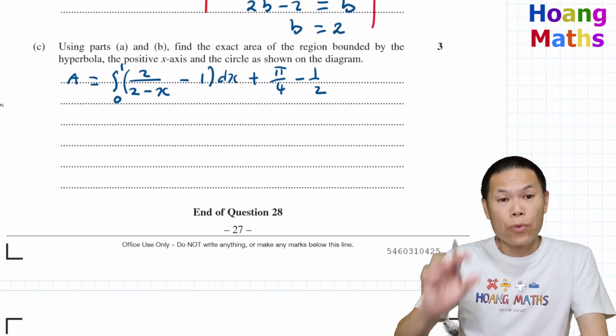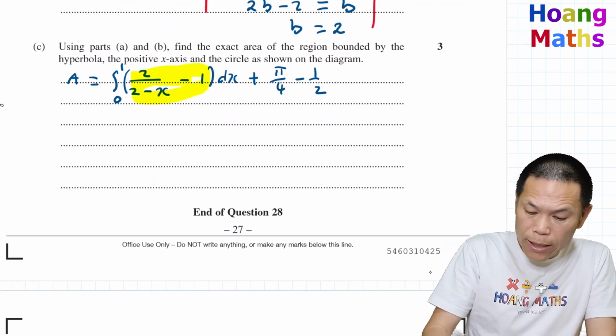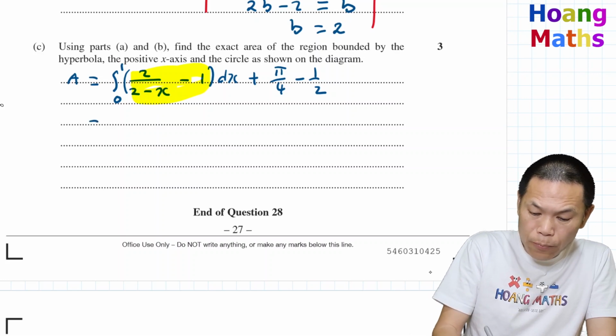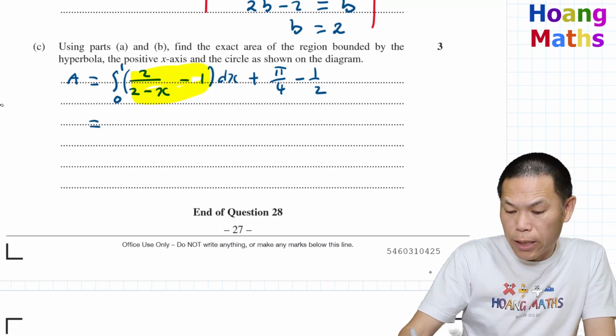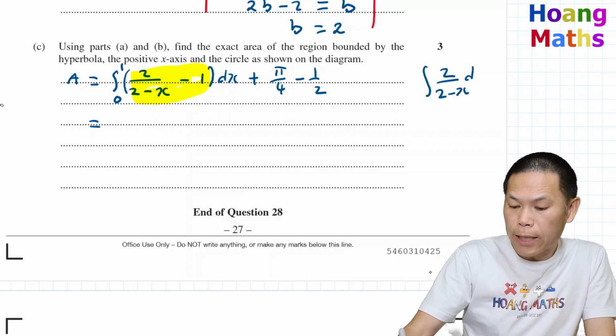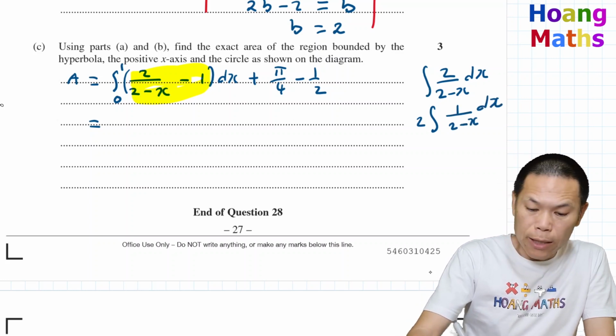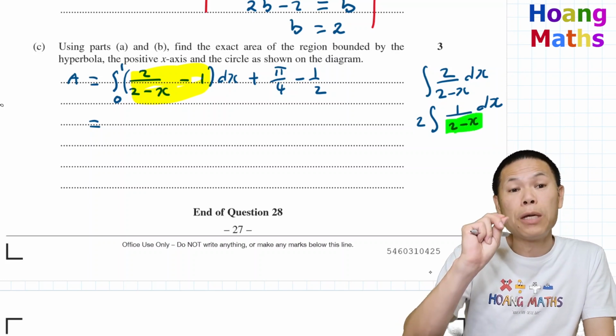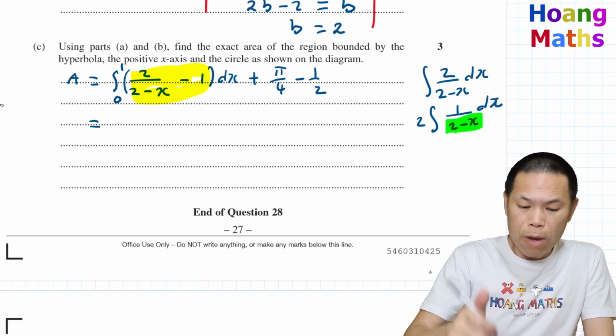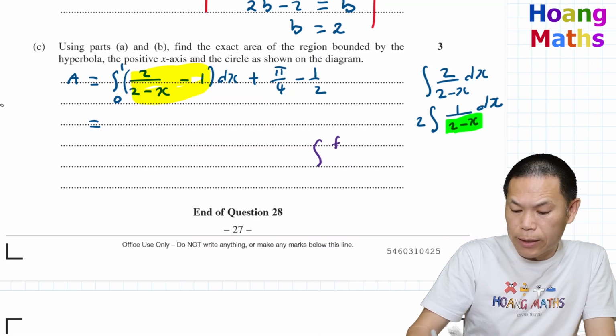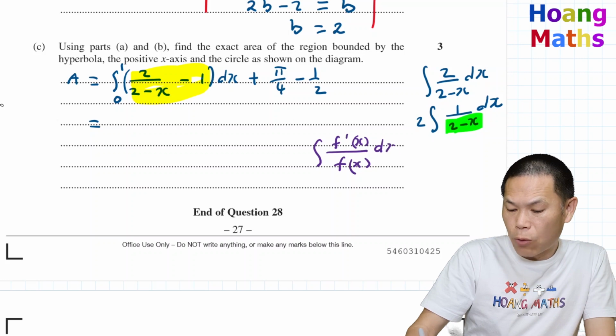So now what I do, I just integrate the brackets here. So to integrate, let me just write here. If I integrate 2 over 2 minus x dx, I can take the 2 out. So it's like this, 1 over 2 minus x dx. But then if I differentiate inside here, it gives me -1. So remember, if I integrate f dash x over f of x dx, that will give me ln of f of x.